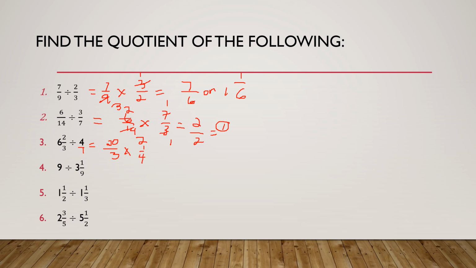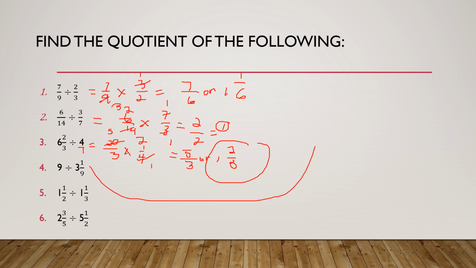Okay, so get the GCF using the cancellation method. So 1 and then 5. So 5 times 1 is equal to 5 over 3 times 1, 3, or 1 and 2/3. 1 and 2/3 is the final answer.